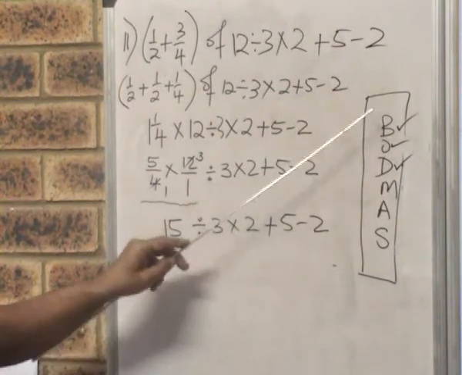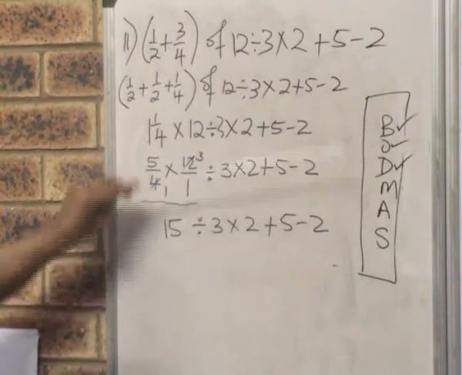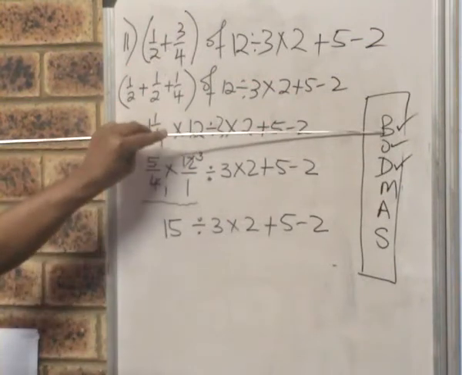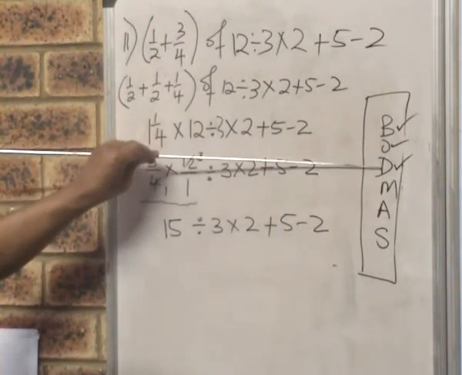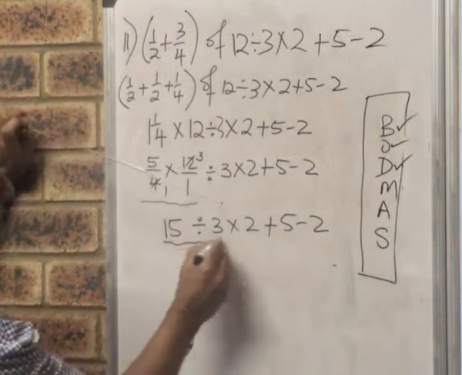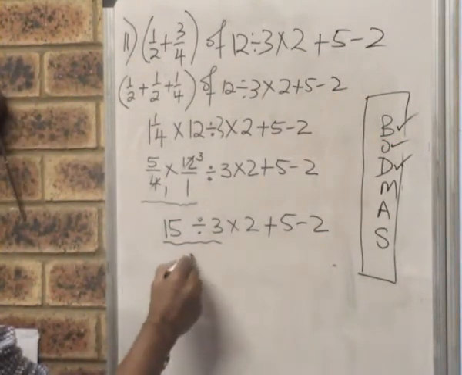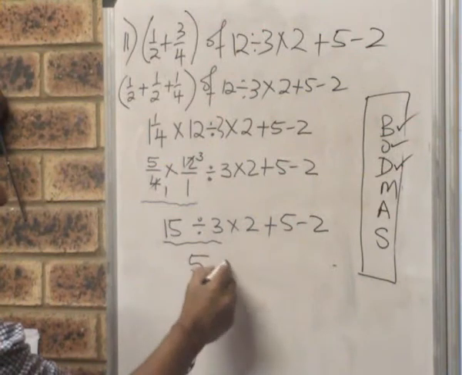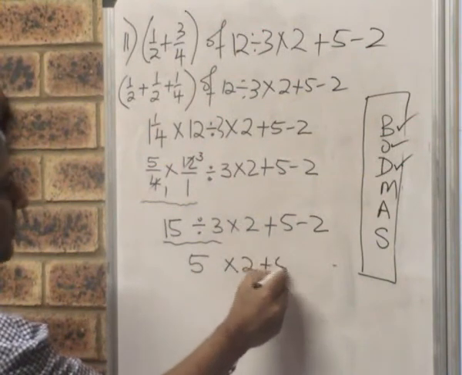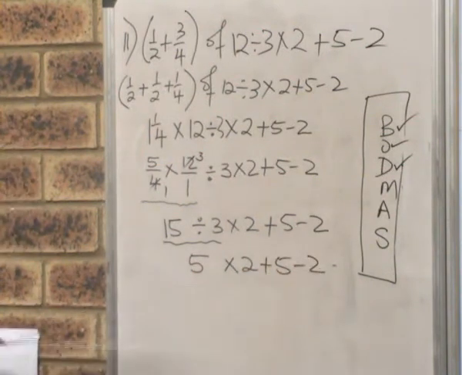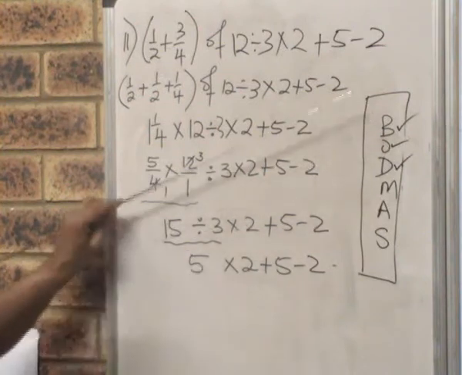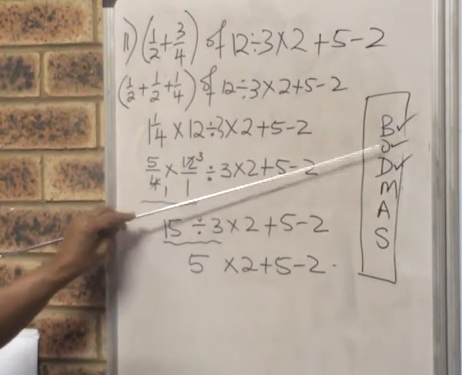Now we go to the rule of BODMAS again and we look again. Any brackets? No. Of? No. Division? Yes. So we have a division here. 15 divided by 3 is 5 times 2 plus 5 minus 2. Back to the rule of BODMAS. Any brackets? No. Any of? No. Any division?